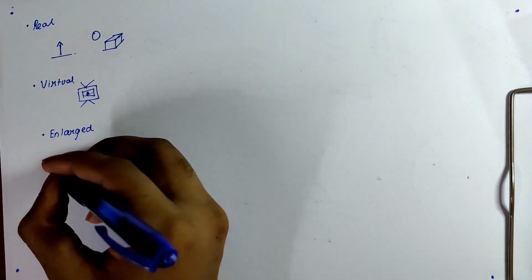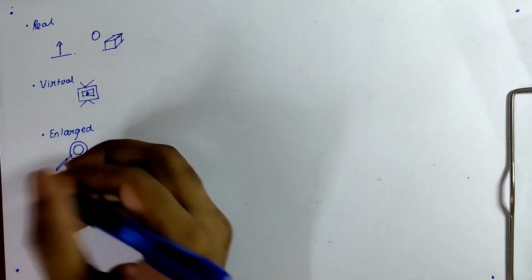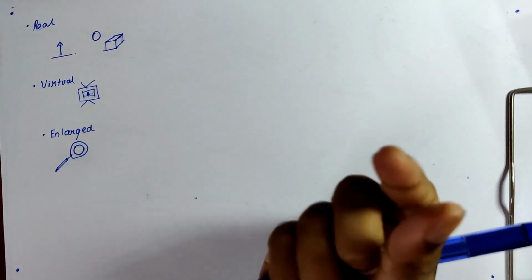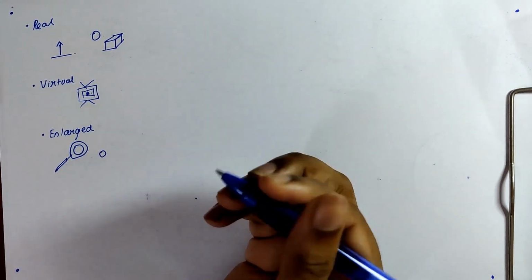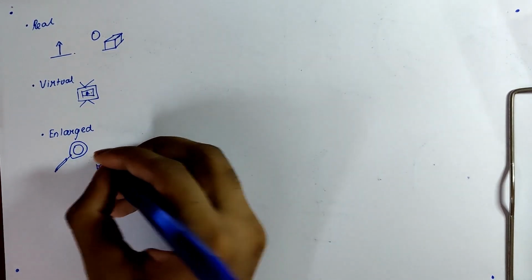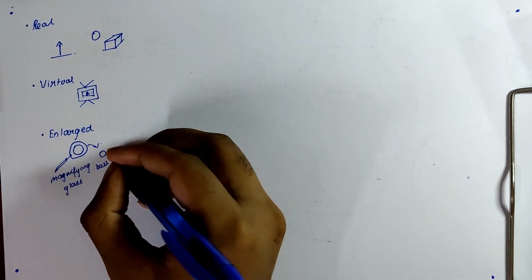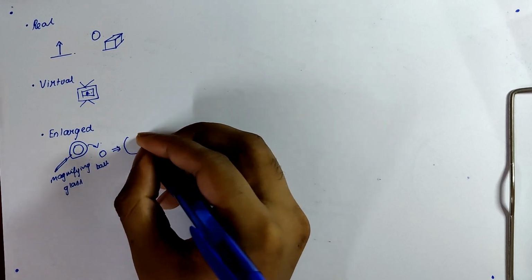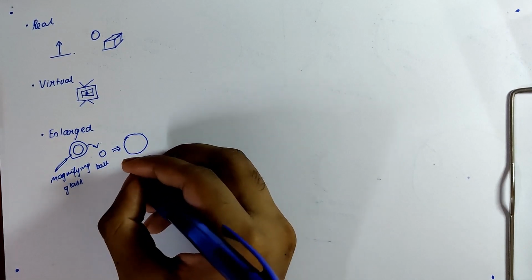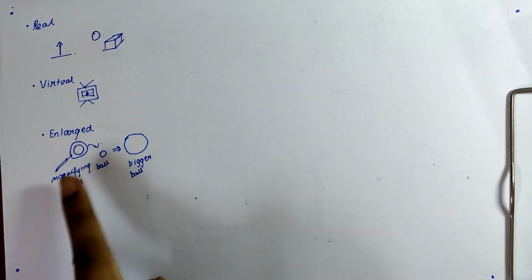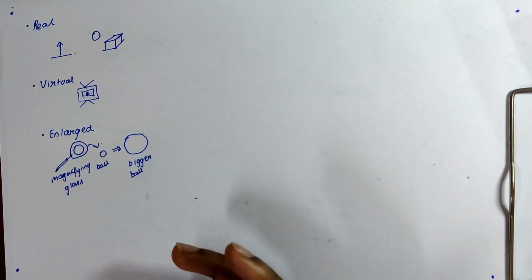Now you have seen a magnifying glass. This magnifying glass will enlarge a small object into a big object. So let's take a ball here, and when you place the magnifying glass, the ball will look like a bigger ball. This is called an enlarged image, an enlarged real or virtual image.